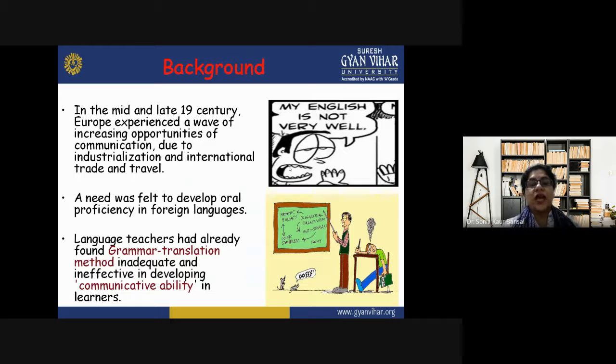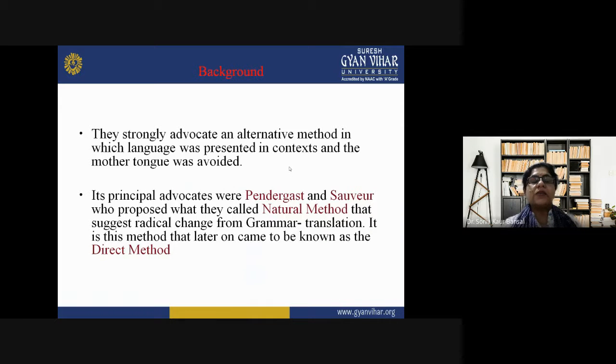English was felt to be a comfortable language to talk to each other, especially by people in business. They strongly advocated an alternative method in which language was presented in context and the mother tongue was avoided.